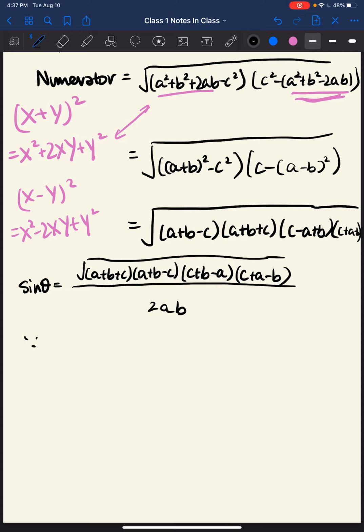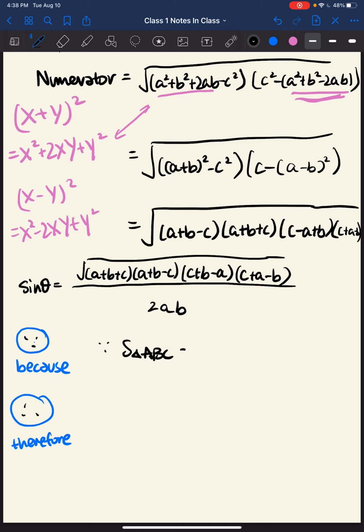Also just a note on my own handwriting: this sign means because, and this sign means therefore. Okay, so because the area of triangle ABC is half AB sine theta, if we substitute the sine theta in, we can see that the AB cancel out.